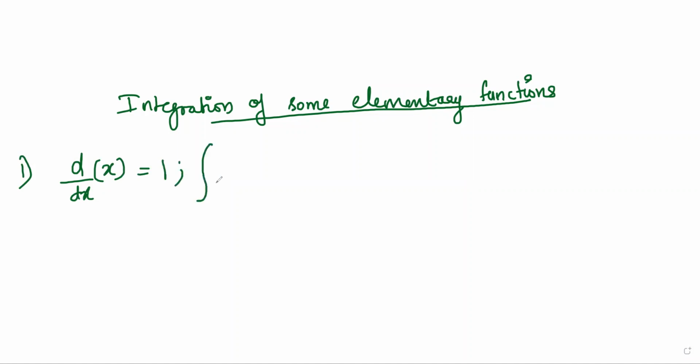So what is integration of 1 with respect to x? See, differentiation answer is 1. So integration answer will be what? x. So integration of 1 dx is x. And we will put a plus c also. Understood?